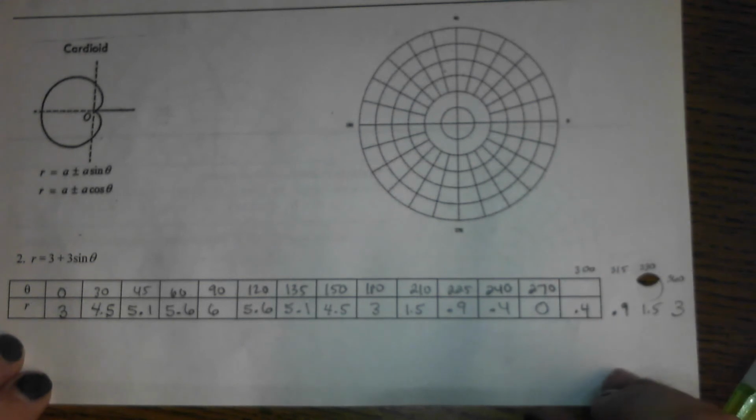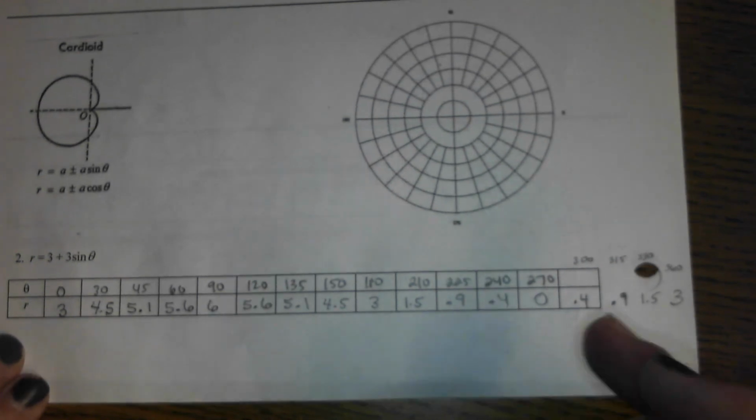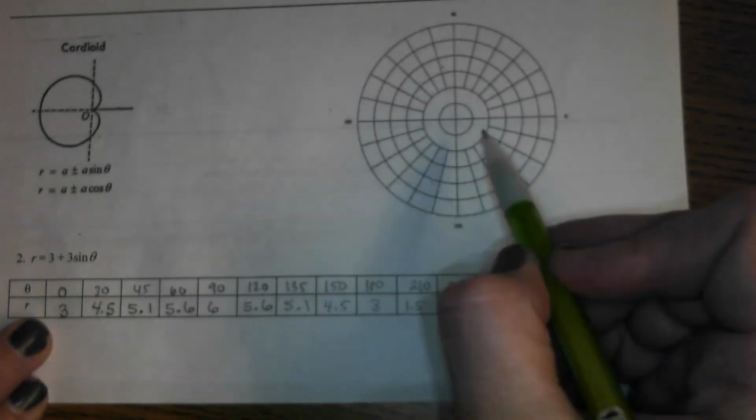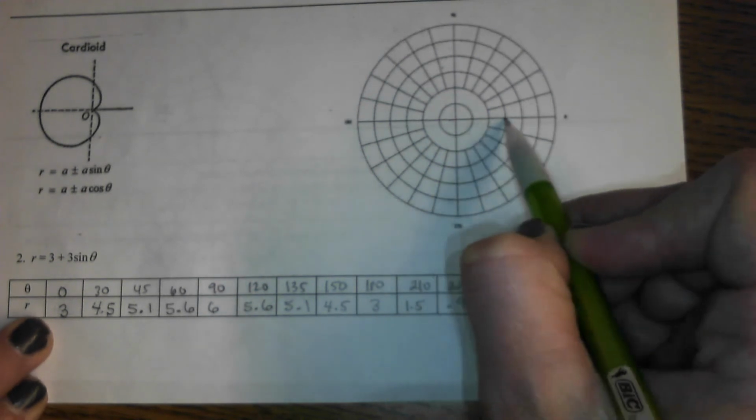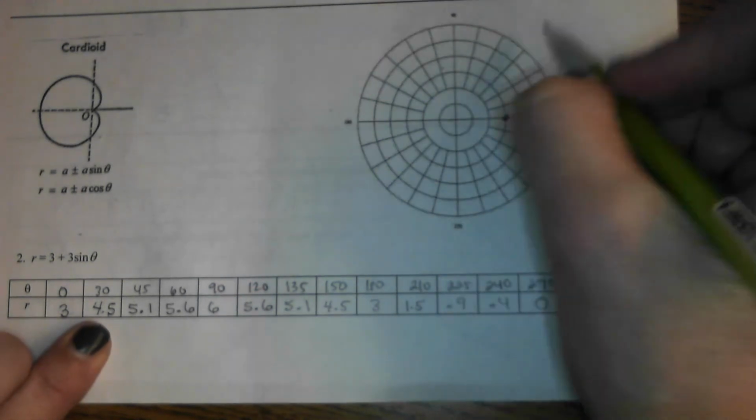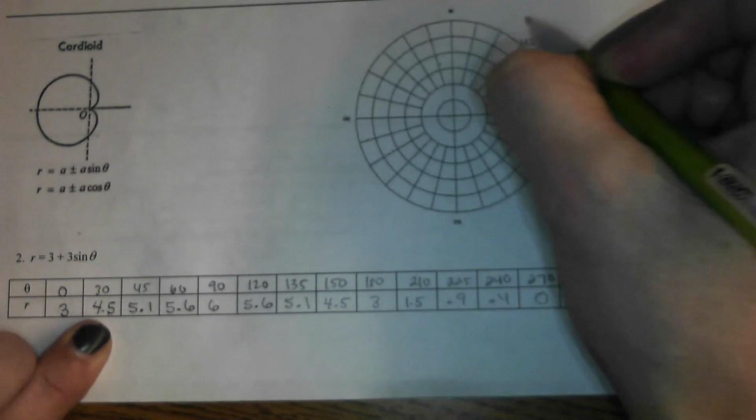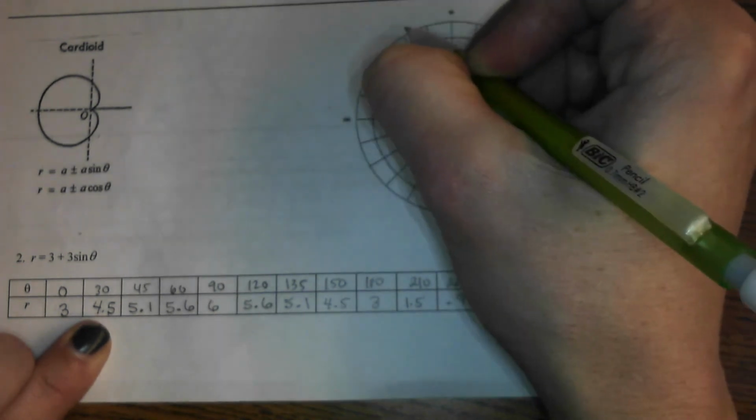Okay, now we have to graph. You have to graph all your points. So 0 degrees is a 3. 30 degrees, and I'm just going to put these out.